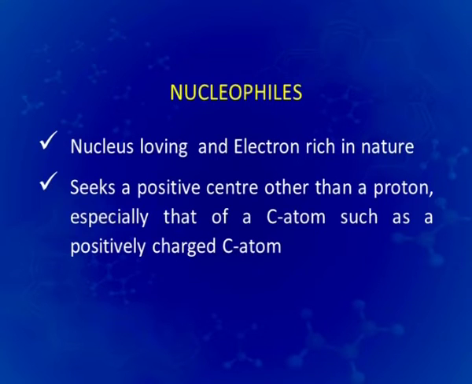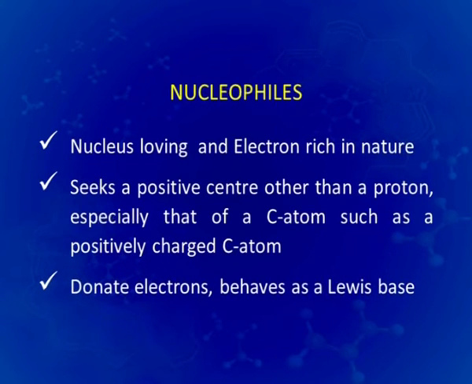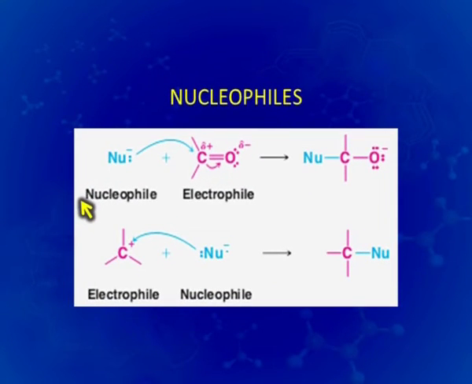And because they are electron rich, they donate electrons and behave as Lewis bases, but are not actually Lewis bases. As you can see in this particular reaction, a nucleophile is attacking an electrophile.